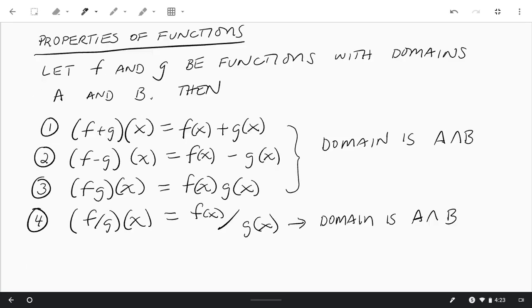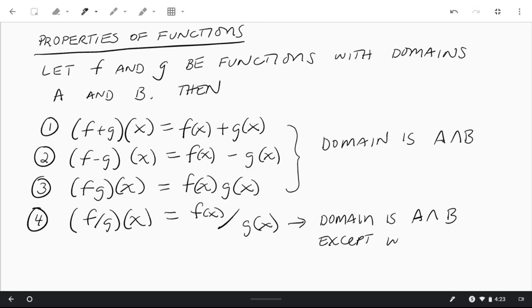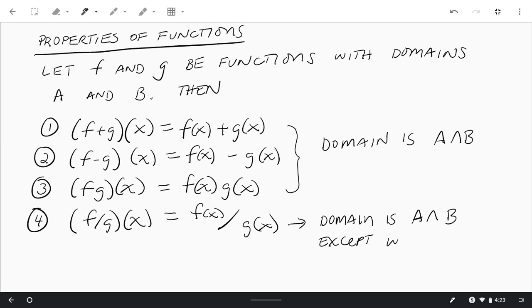But then here, because we're doing division, we now have g in the denominator and we don't want 0, because then we get undefined. So the domain is still the intersection of A and B, except where g of x equals 0. Okay, that way we don't get undefined.